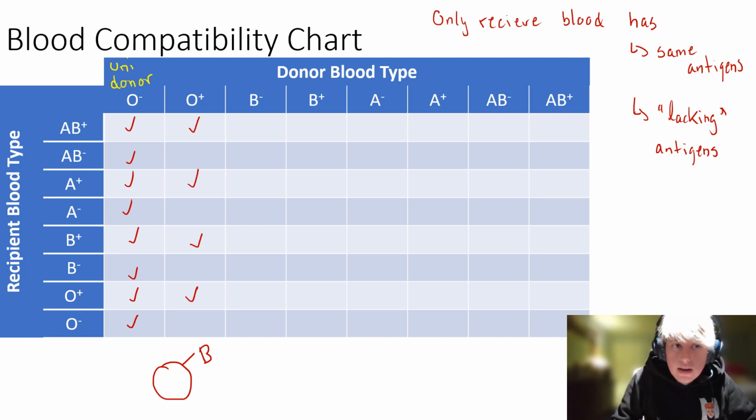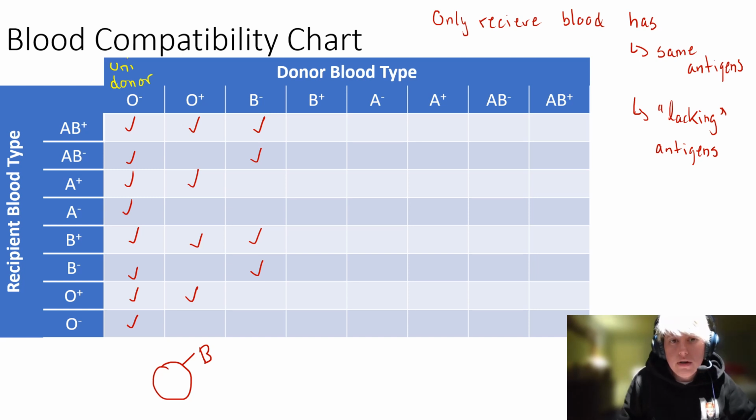I also cannot give it to my A blood groups because they don't have the B antigen. I can give it to B negative because they both share the B antigen, and I can give it to B positive because it has the B antigen on it.